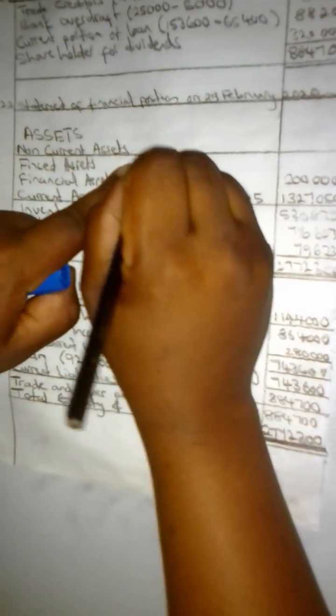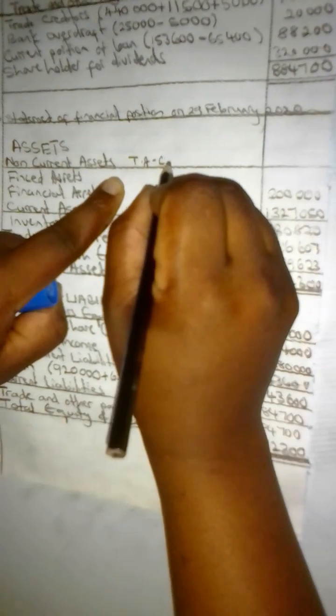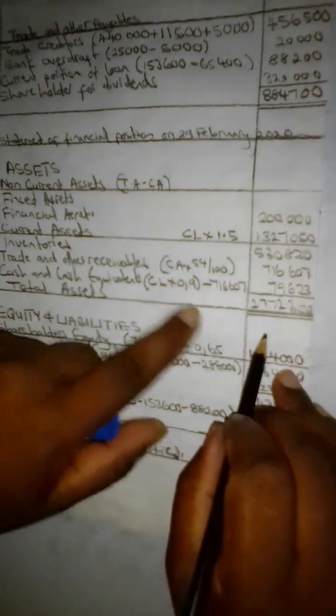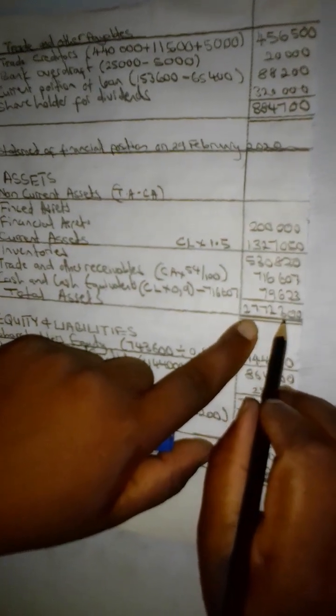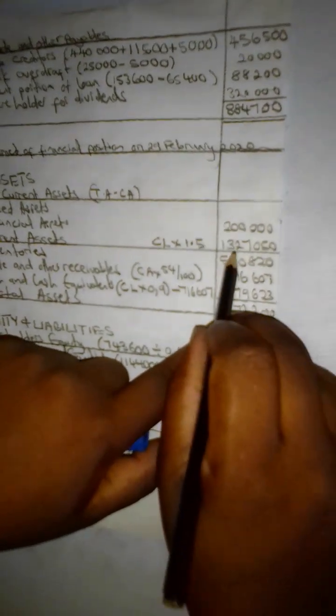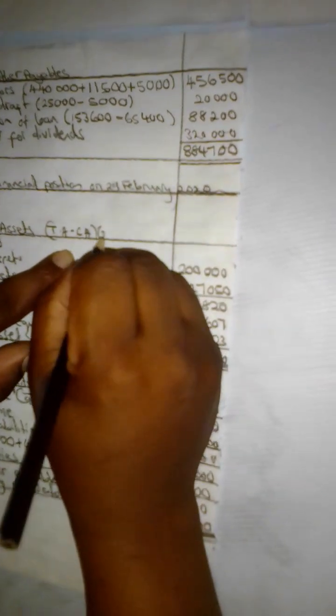In other words, here we can say total assets minus current assets. It can give us what we want. So the total assets here are 2,772,300 minus the current assets, 1,327,050. Let me show the amounts so that it might not be confusing.